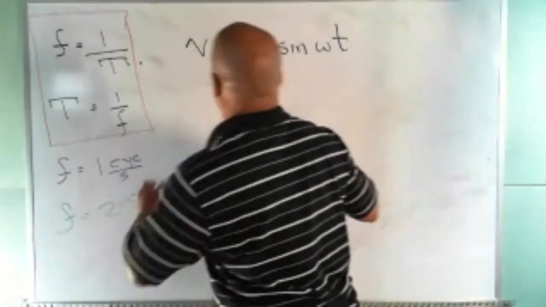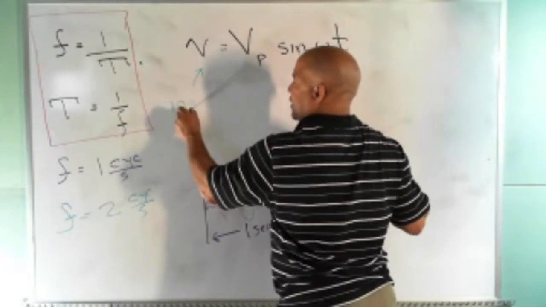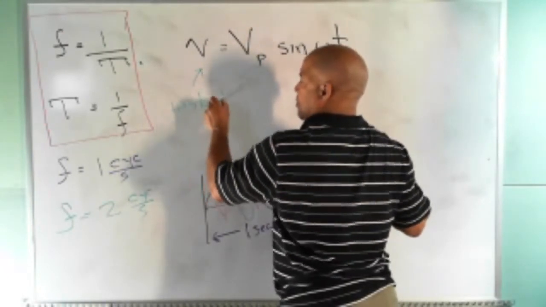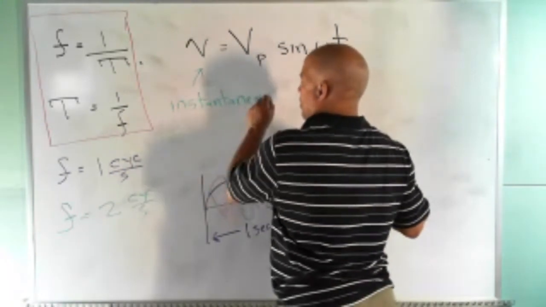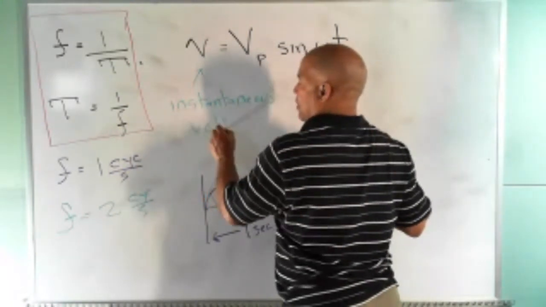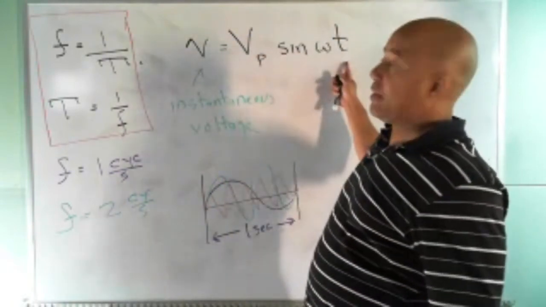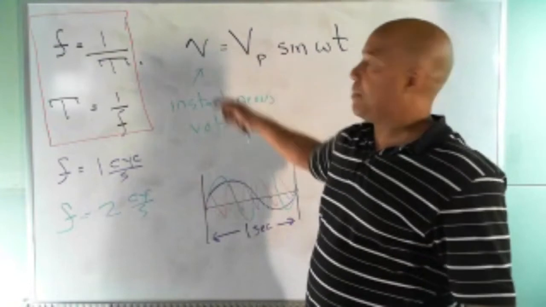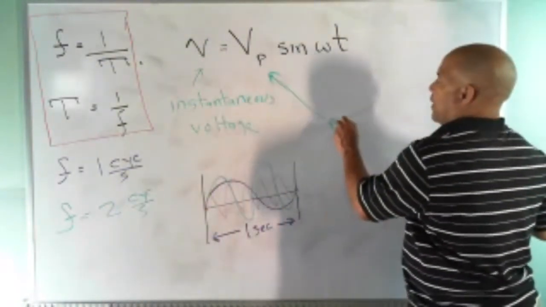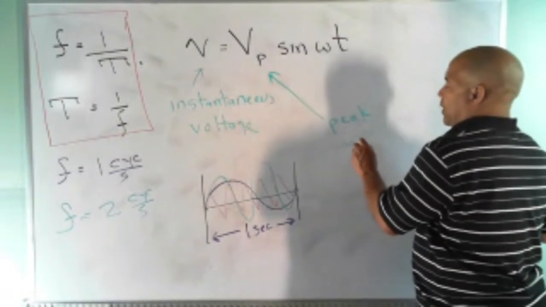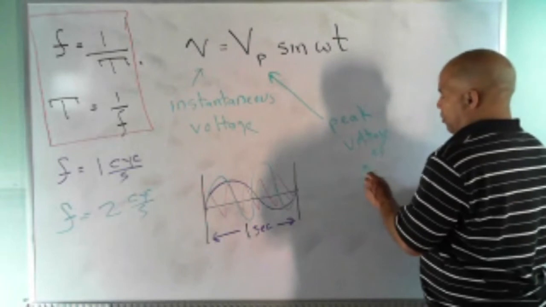This right here, that's the instantaneous voltage. You tell me what time t to look at it, I'll tell you what the voltage is at that time. This right here, that's the peak voltage or amplitude.